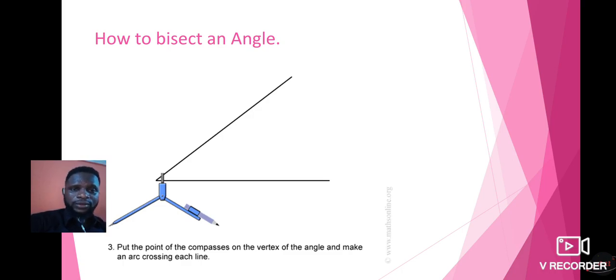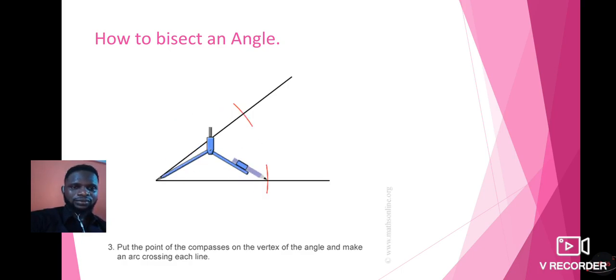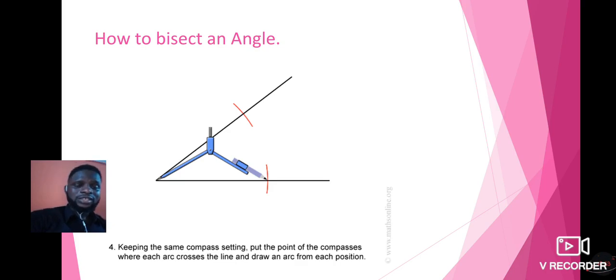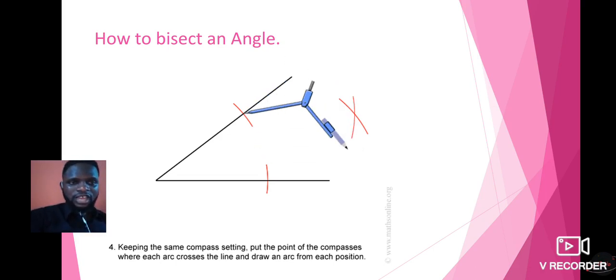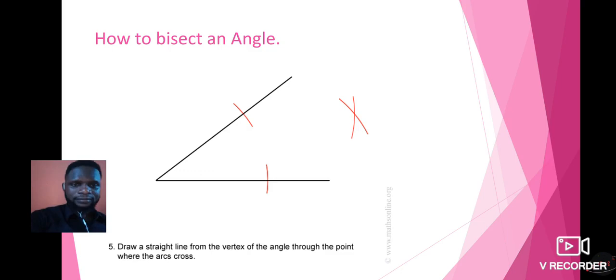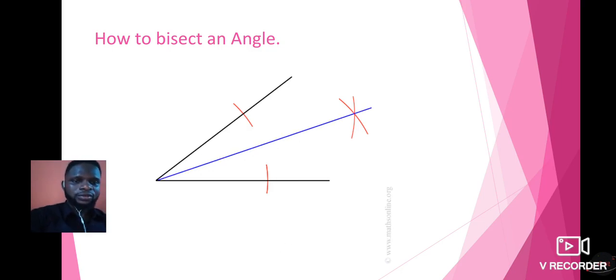Then you will now use it to make an arc on the line, as shown. And after that, with the same compass radius, make an arc above from the two previous arcs you've made. And lastly, draw a straight line from the vertex of the angle to the point where the arcs cross. We have successfully bisected an angle.